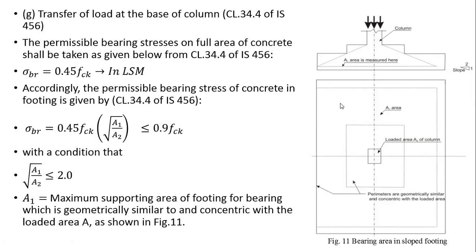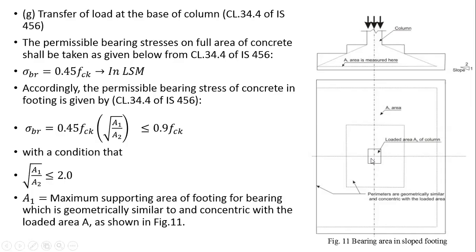Now suppose my column is rectangular, then you have to provide a rectangular footing here. If my column is square, you have to provide a square footing here. So that area, A1, should be geometrically similar to the area of the column.